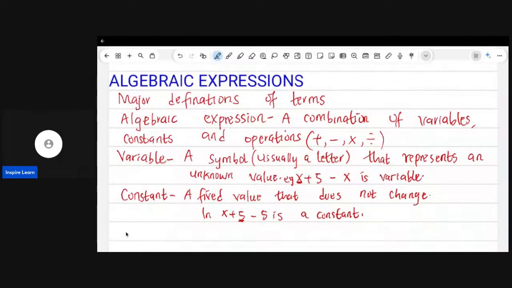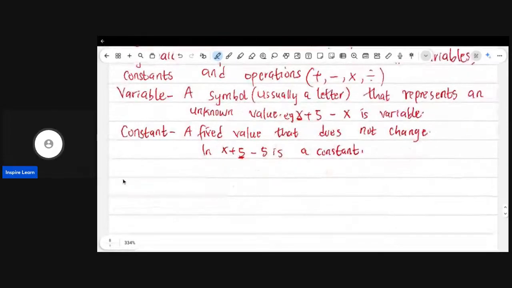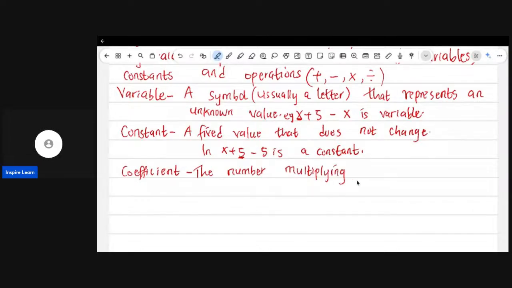Then we can also define what a term is. Okay, let's first start with a coefficient. What is a coefficient? A coefficient is the number multiplying a variable.